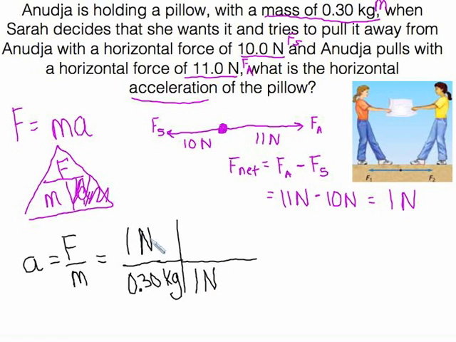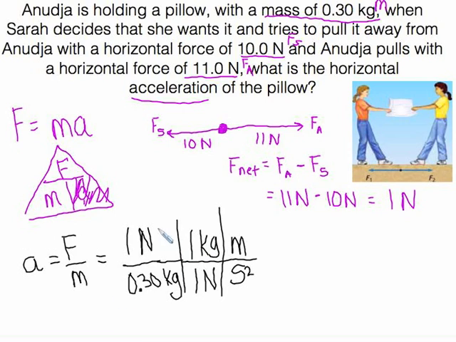So we have newtons up here, and we need to get rid of it. So I'm going to put 1 newton here. And then 1 newton is equal to 1 kilogram times meters per second squared.